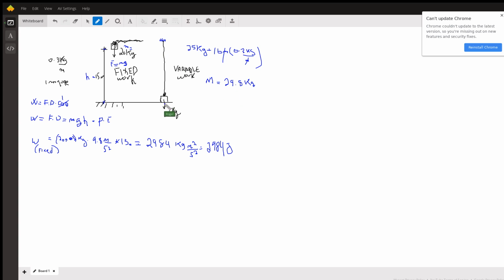So when it was on the ground, if we are to solve this mass per unit length, call that M per L, will be 29.8 kilogram divided by 15, and that comes to 1.98 kilogram per meter.